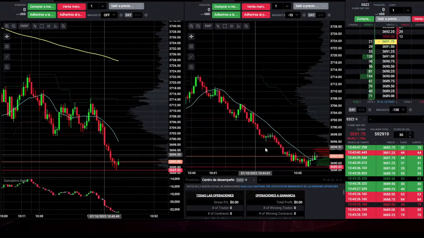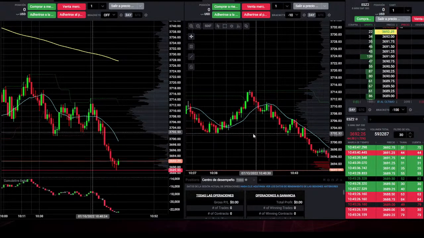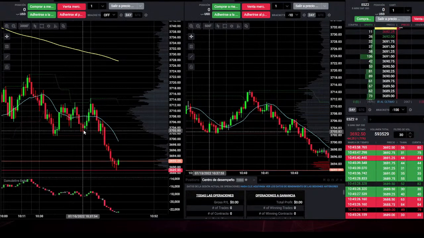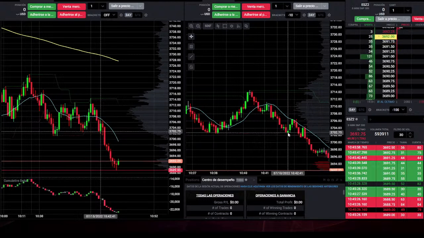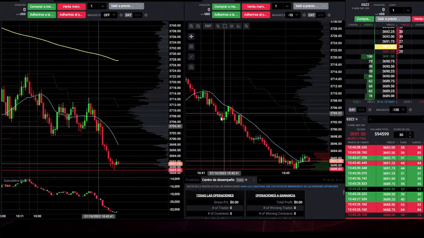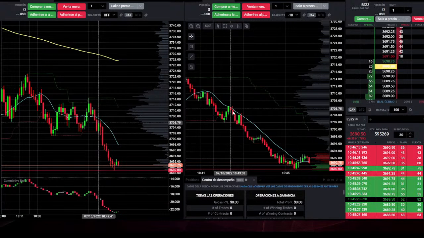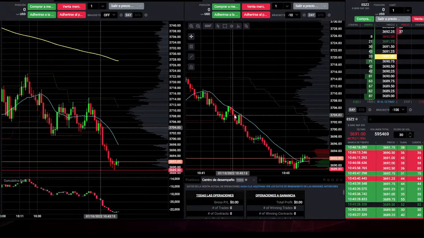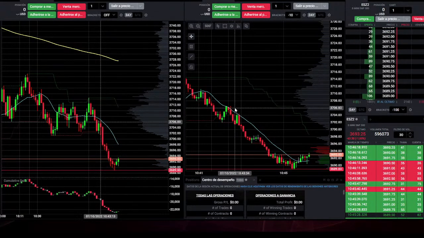You put an order one tick below this one, so around here. You enter, and the price goes the other way around, and perhaps it stops you here. But that's what you try to manage, like perhaps getting in on a pullback, so that if you get stopped here, there's a little risk.